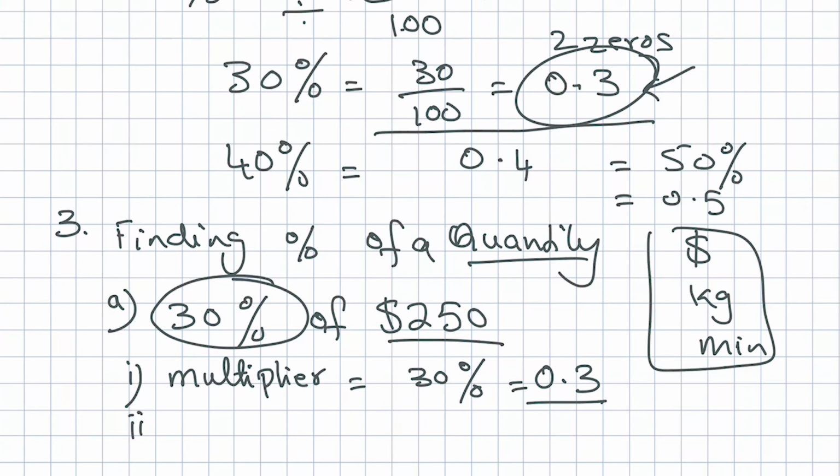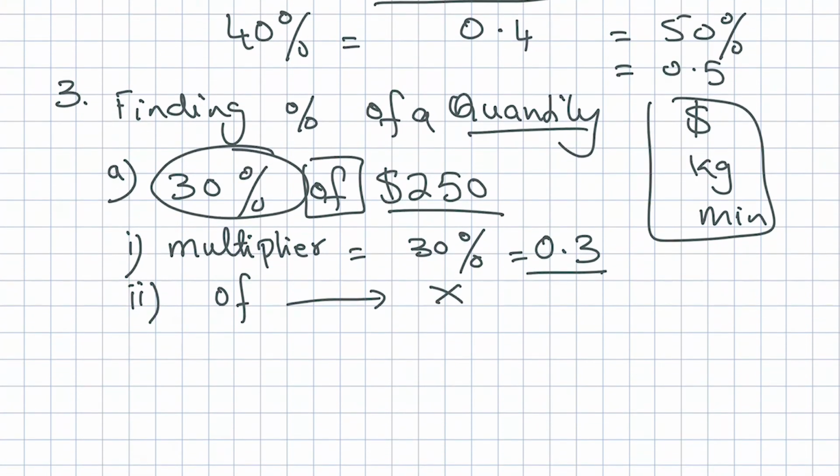Your second step is, look at this word off. The word off is always replaced by a times sign. So far we have changed the percentage into a multiplier, which is changing a percent to a decimal, and then replacing off by a times sign.